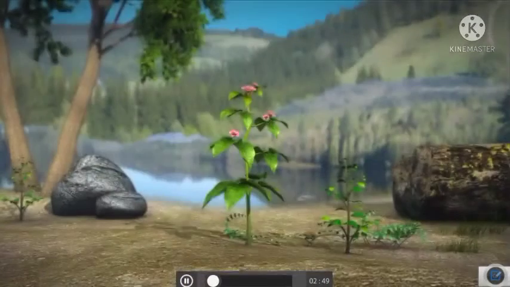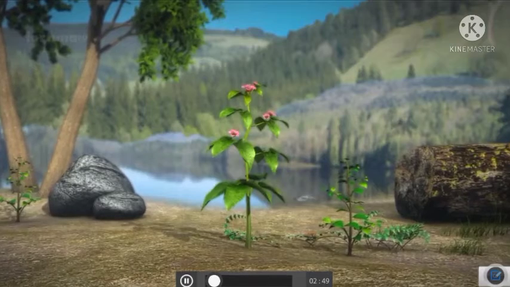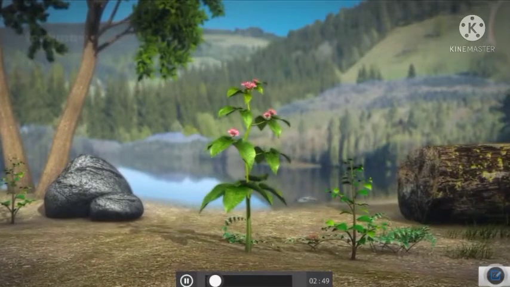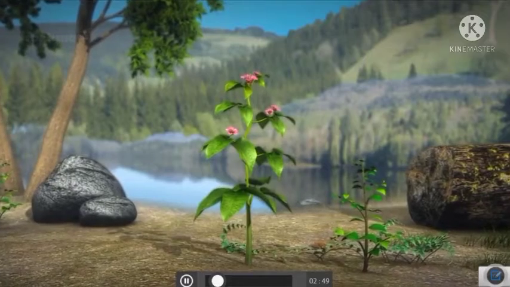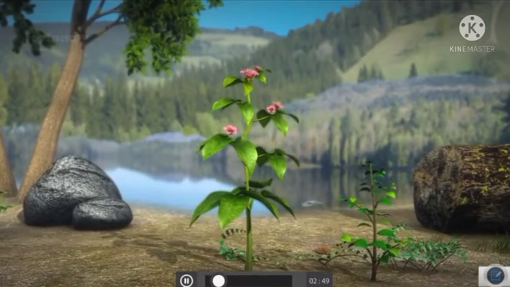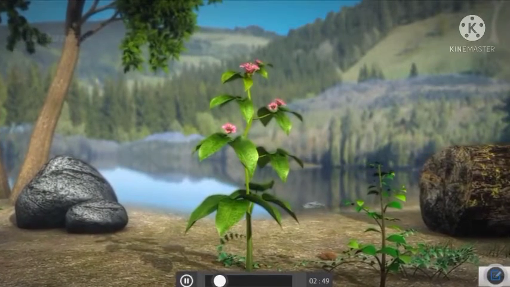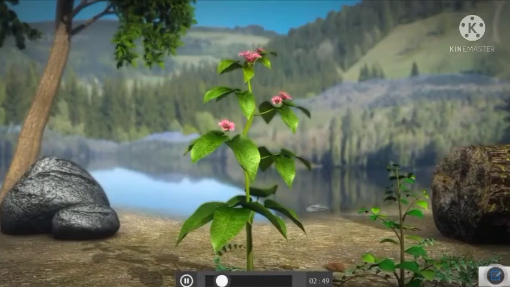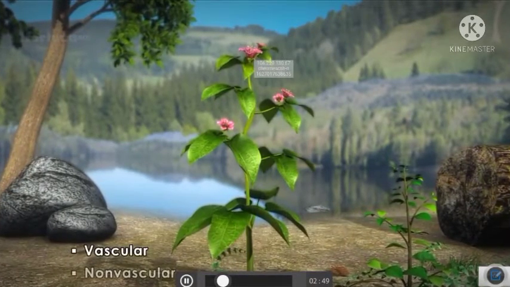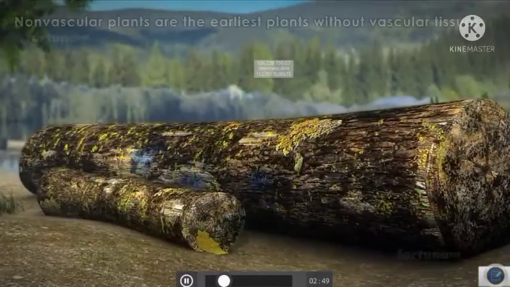Bryophytes. All plants need water and nutrients to survive, but not all plants use the same method to acquire these things. Based on the mechanisms by which water, nutrients, and the products of photosynthesis are transported to their different parts, plants can be labeled as either vascular or non-vascular.